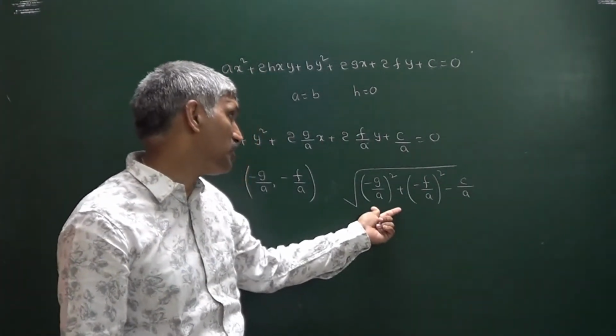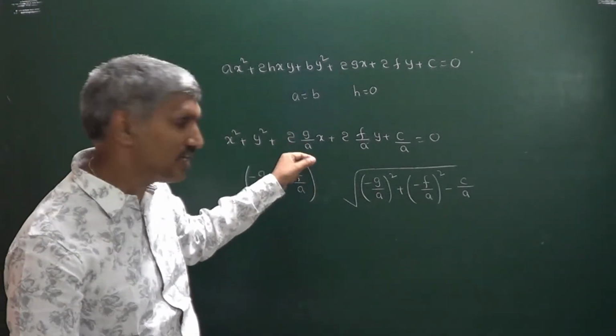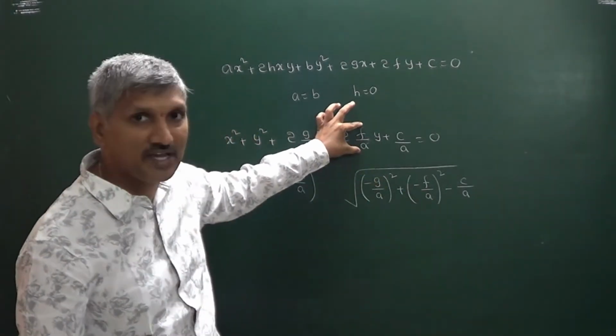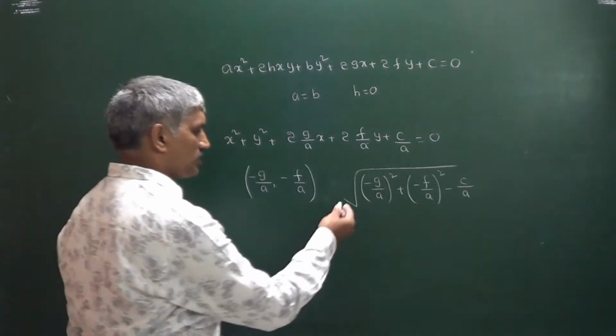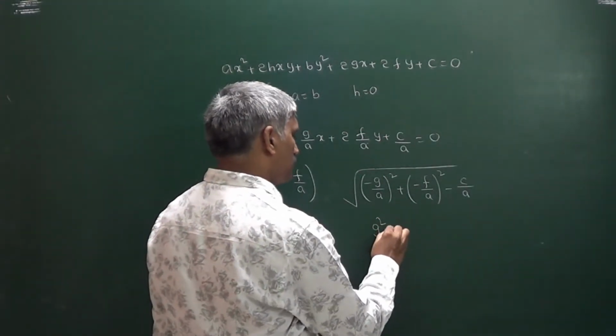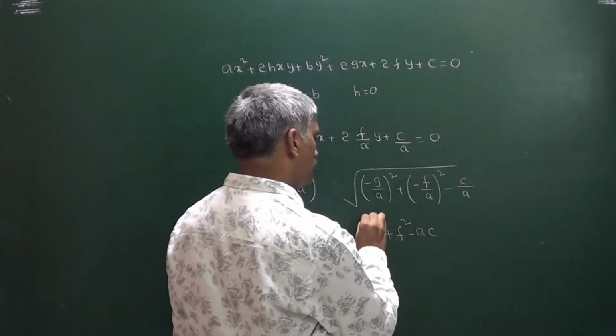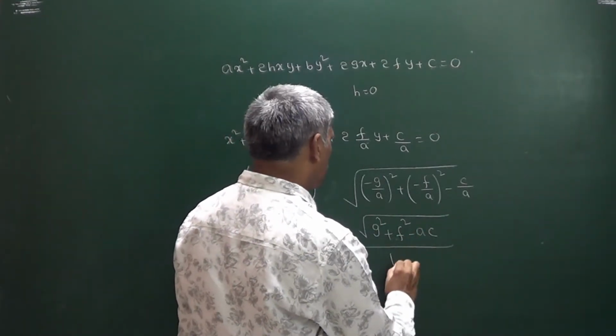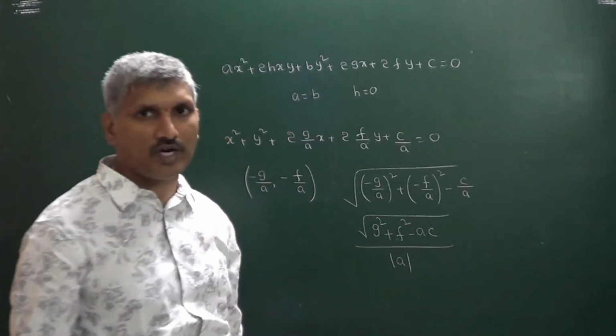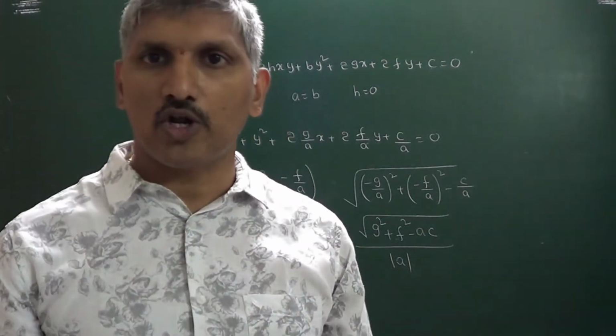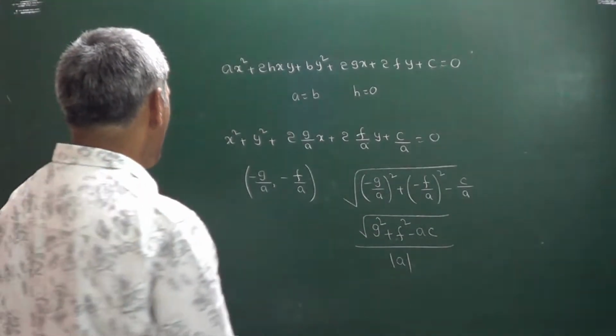In place of g we have g by a, in place of f we have f by a. That's the reason. So this simplification we can write as square root of g square plus f square minus ac, divided by modulus of a, because a square will come outside the root, and it becomes mod a.